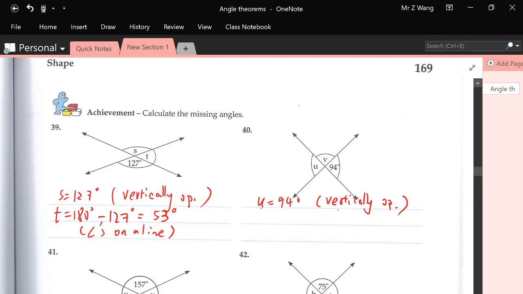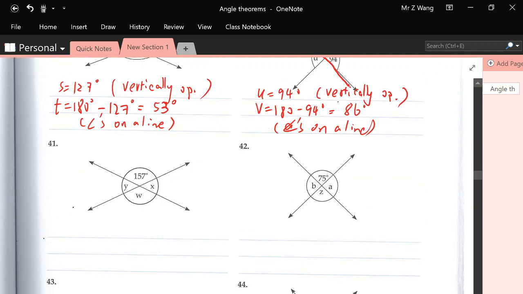And then you can use angles on a straight line to figure out V. It doesn't matter which straight line you use, you will reach the same answer. So that 94 you have, right? So V equals 180 minus 94, which is 86 degrees, right? So this is angles on a line.